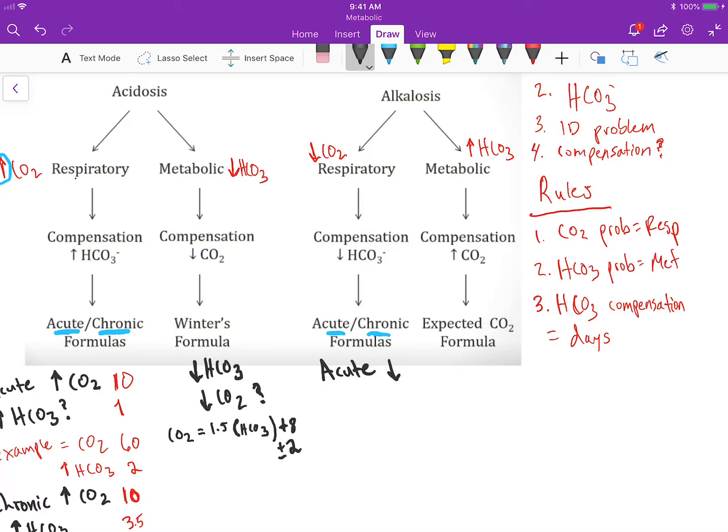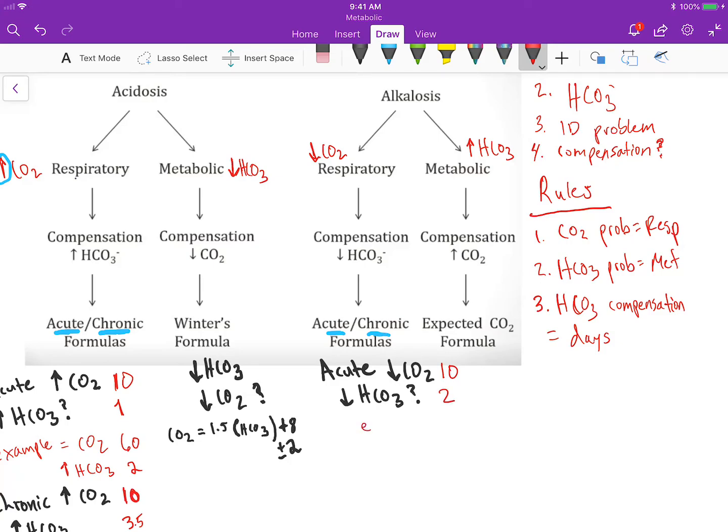That's a decrease in CO2. What do we expect the bicarb to do? Same direction. So we're calculating the decrease in bicarb. Acutely, for every drop in CO2 by 10, we should expect a decrease in bicarb of 2.